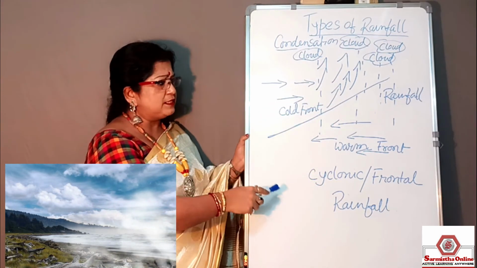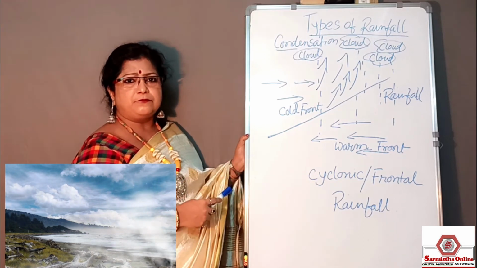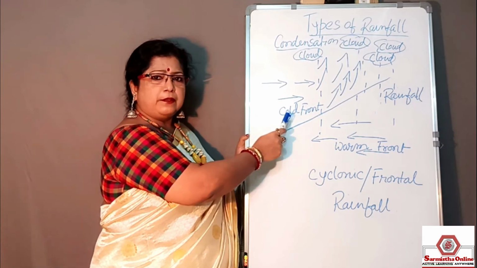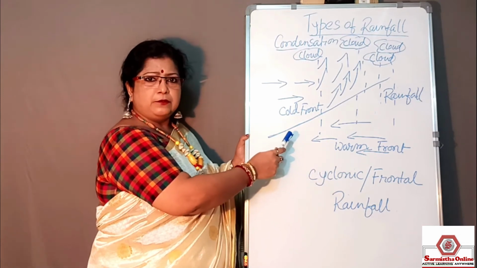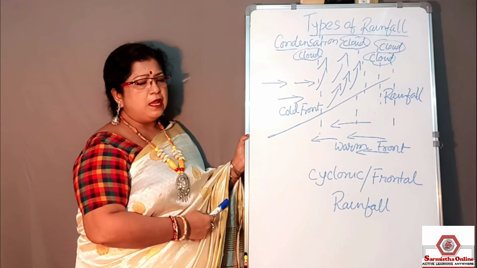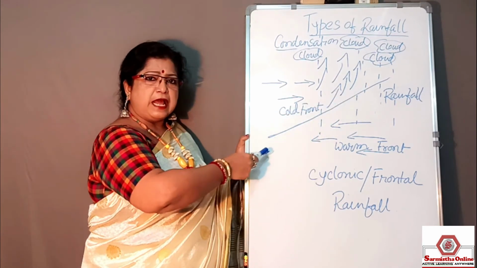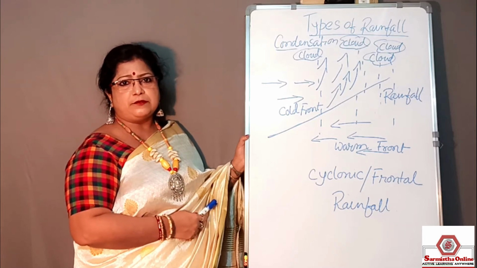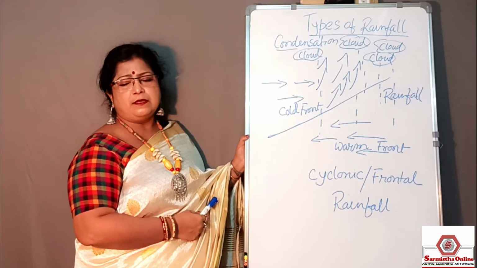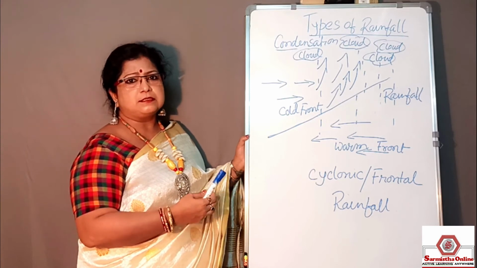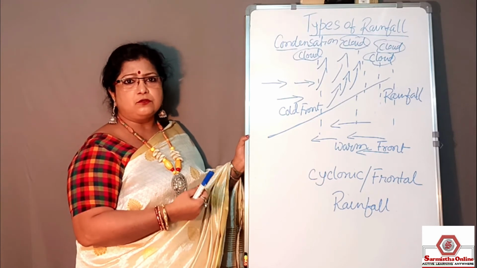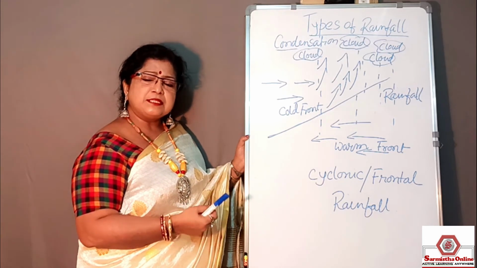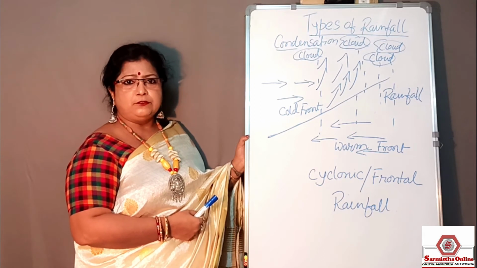Now in this type of rainfall, the cyclonic rainfall, the main feature is the collision of warm air and cold air from opposite direction, and they collide in the diagonal front, and this is known as the cyclonic or frontal rainfall. This type of rainfall consists of slow drizzle for 1-2 days, or sometimes it may continue to 3 to 4 days.